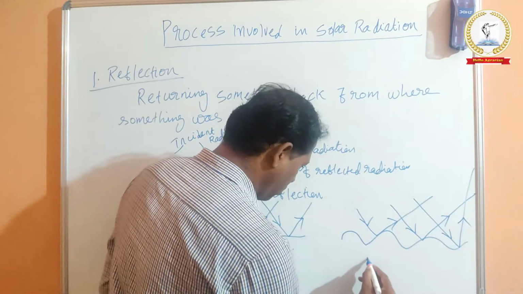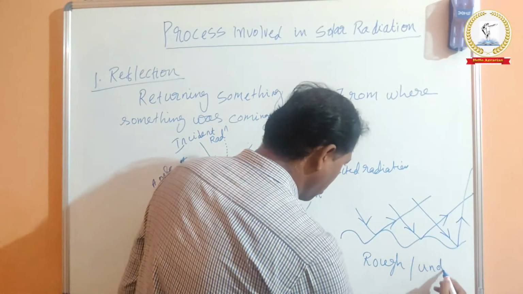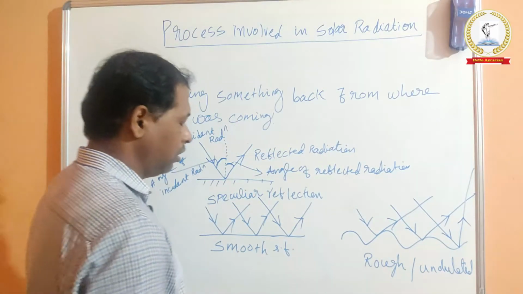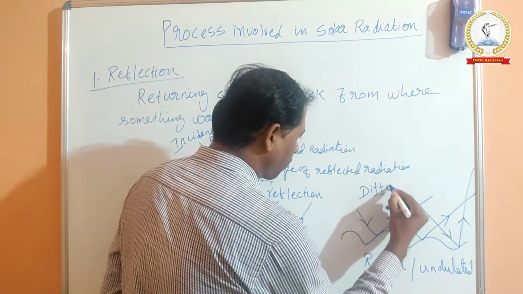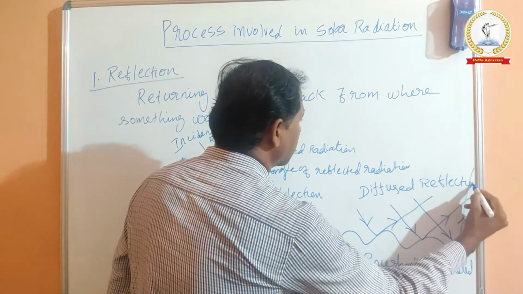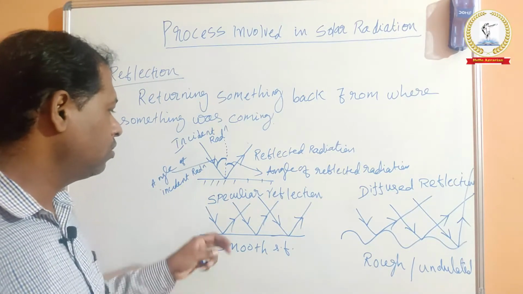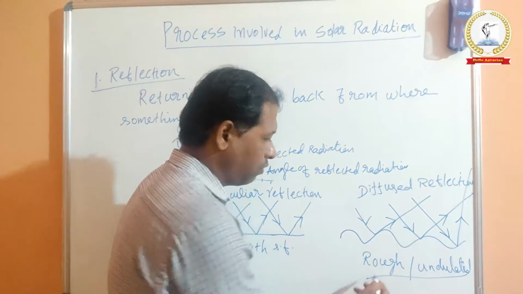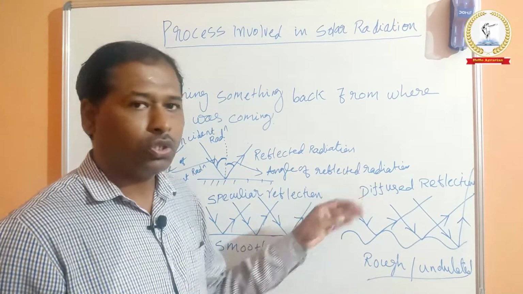So this is on a rough or undulated surface. Here it is showing diffused reflection. Okay, so on a smooth surface the reflection is specular, whereas on a rough or undulated surface the radiation shows diffused reflection.